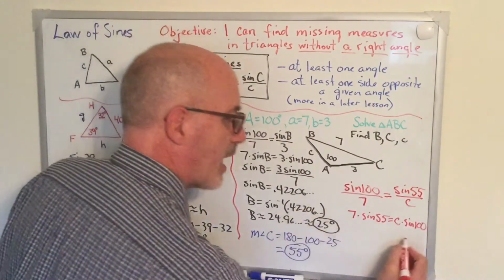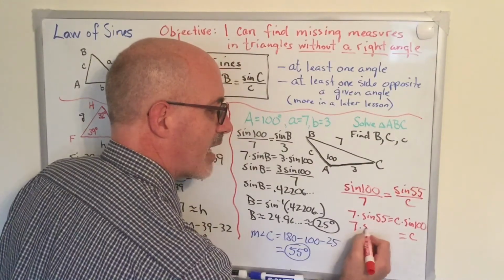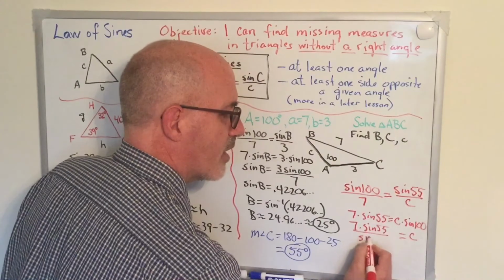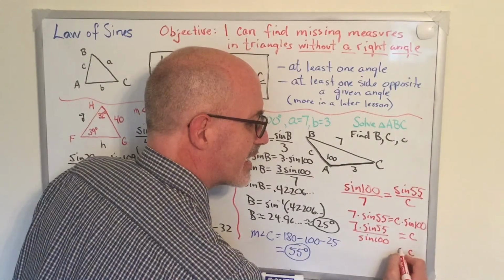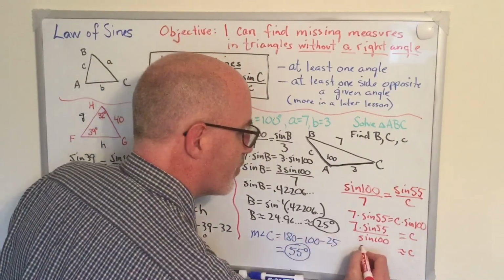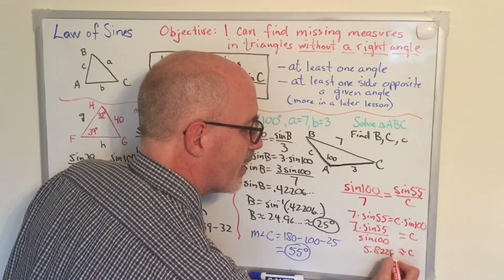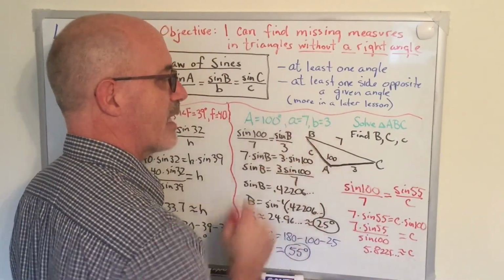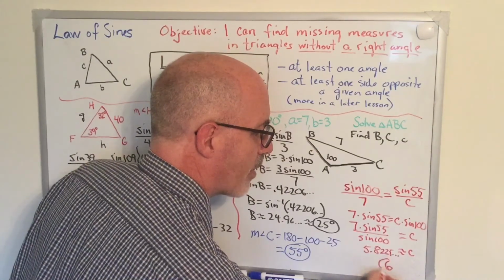I'm going to divide by sine of 100 on both sides, so c equals 7 times sine of 55 over sine of 100. When I calculate that, I get c is about 5.825, and it keeps going again. Since this is to one digit, I'm going to just round that to about 6.